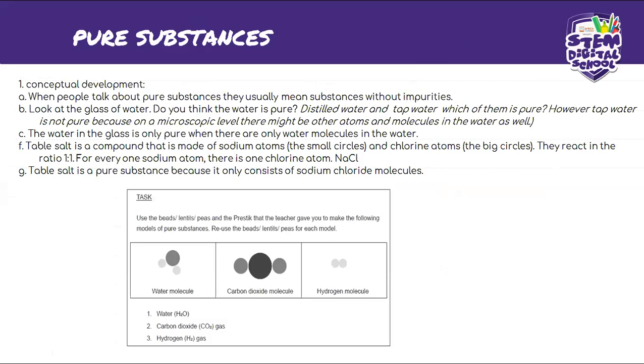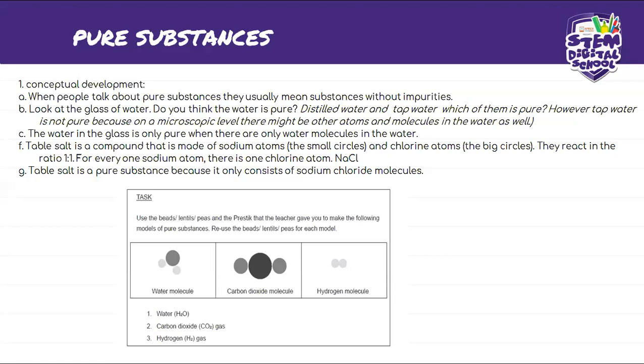If we take a look at a glass of water, do you think the water is pure? Here, the glass of water will depend on the source. So if we have a glass of water that is distilled and one that is from the tap, which of them is going to be pure?